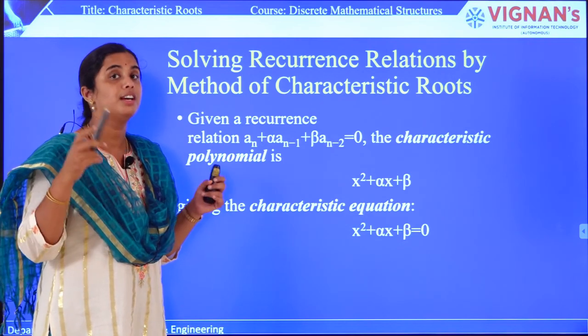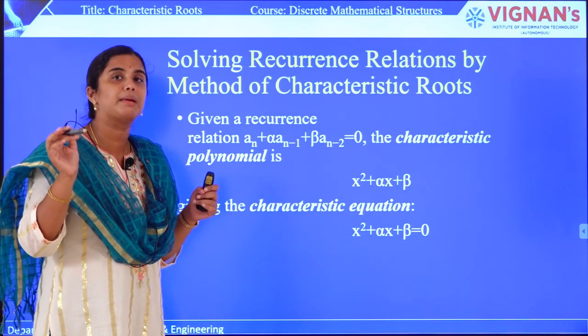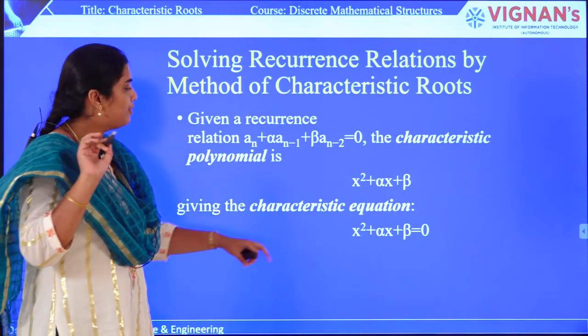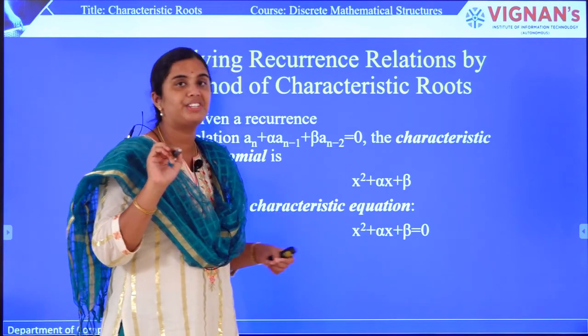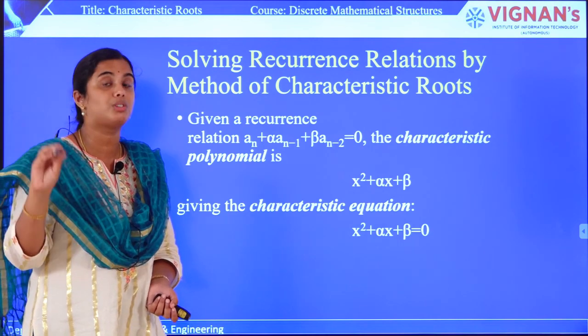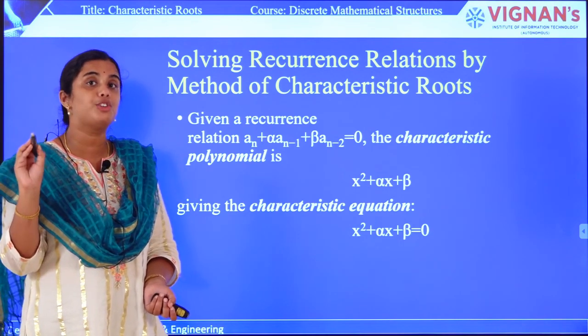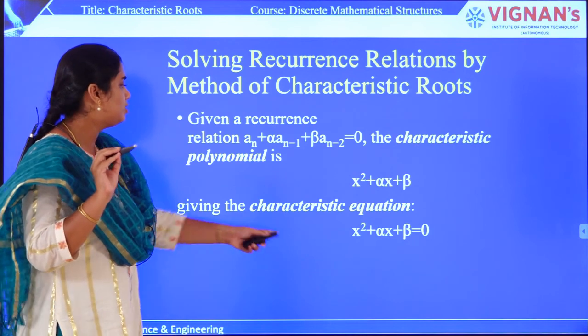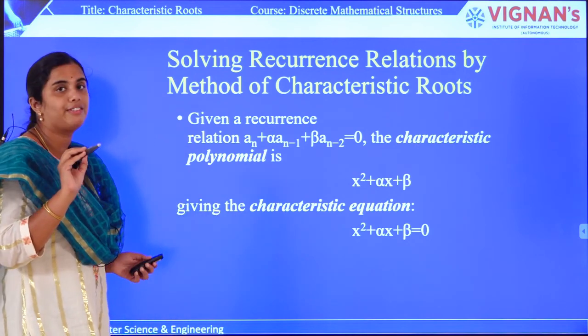By following the basic methods of mathematics, we will solve this equation, derive the roots, and by substituting those roots you will find the solution of the recurrence relation. Okay? So this is the equation of this given recurrence relation.